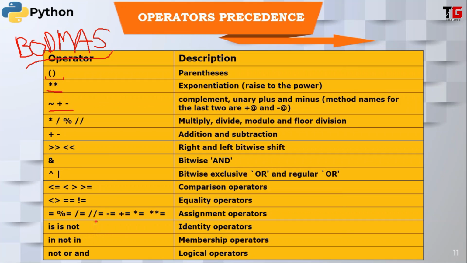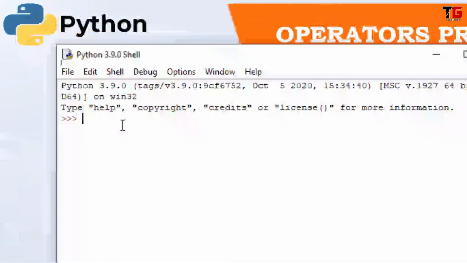Alright friends, let's see its one example. Friends, I am writing a equal to. Friends, consider we are having this statement. So how it will be calculated? Just see, we are getting 45.0. How? Let's see. First of all, this bracket will be solved. 10 plus 5 means 15.